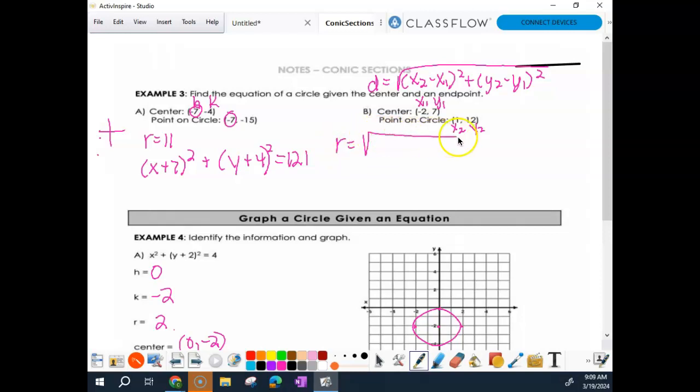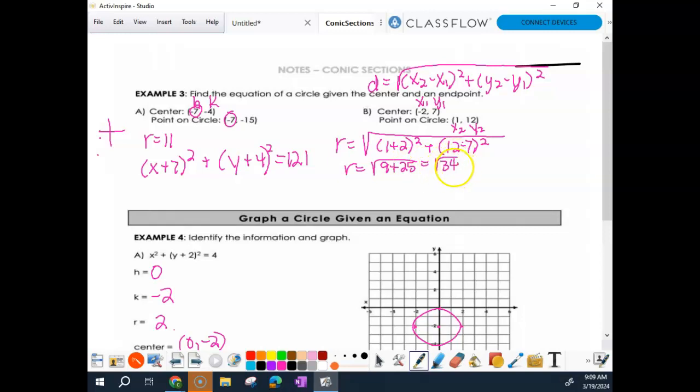So my radius is going to be 1 minus a -2, which is plus, squared, plus 12 minus 7 squared. So 1 plus 2 is going to give me 3 squared, which is 9, plus 12 minus 7 is 5 squared, which is 25.